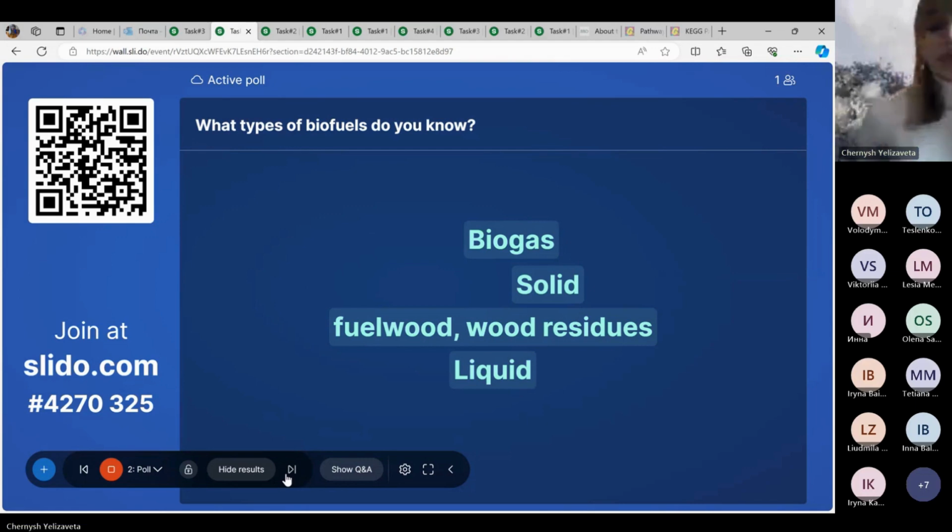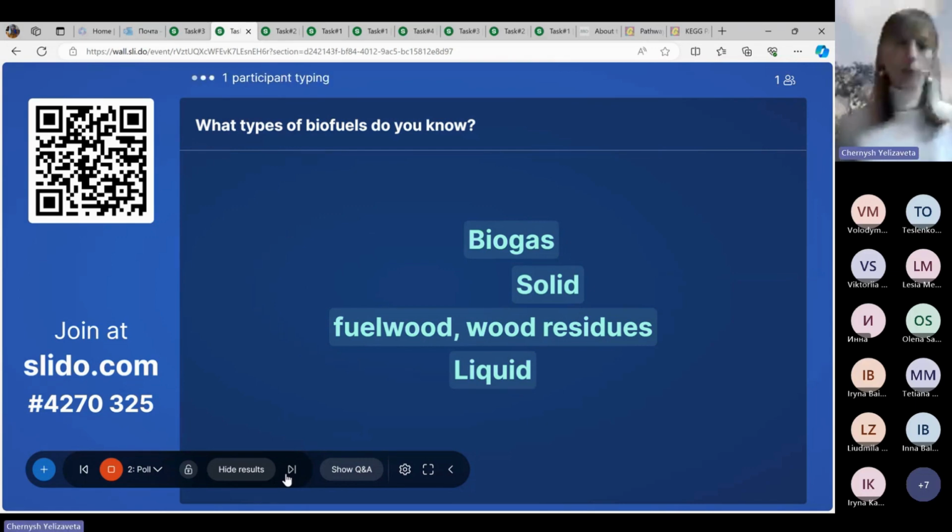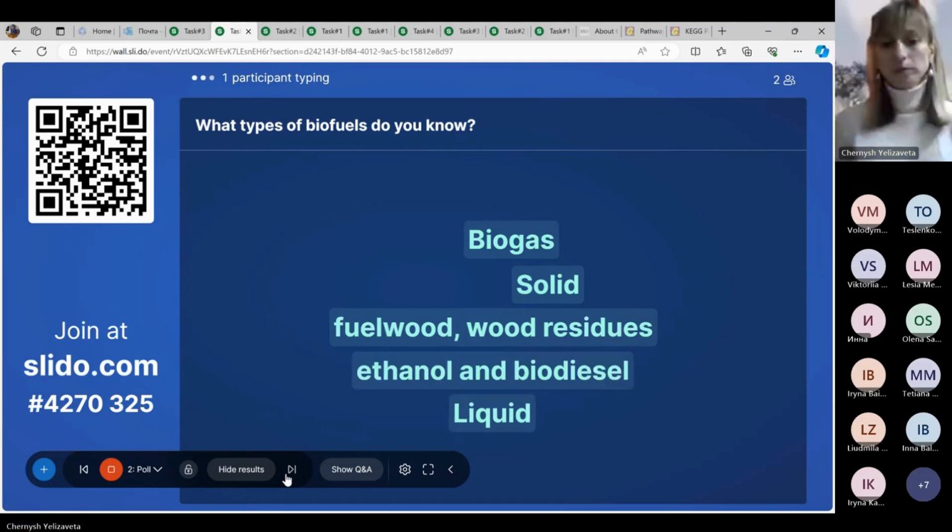So you can think more about this. Ethanol and biodiesel, yes, it's correct.